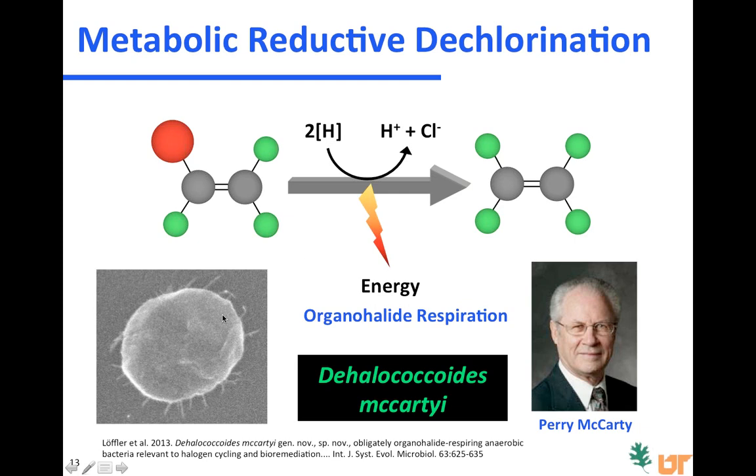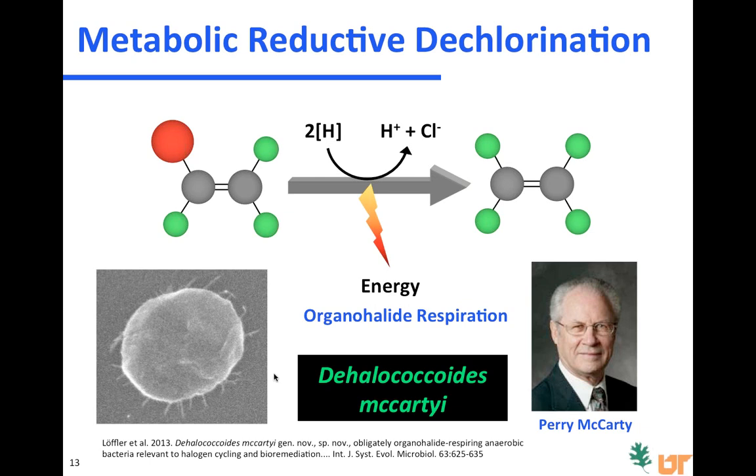On the left-hand side is a scanning electron micrograph of an organism that can do this process, Dehalococcoides. Interestingly, the only bacteria that can catalyze this process belong to this genus Dehalococcoides. So there are no other organisms known that can catalyze this process.